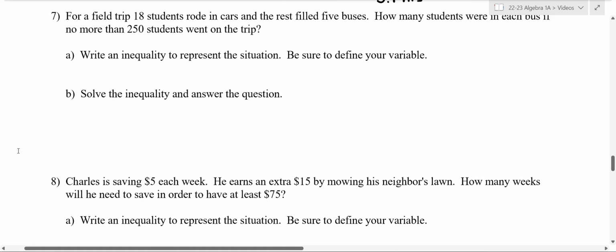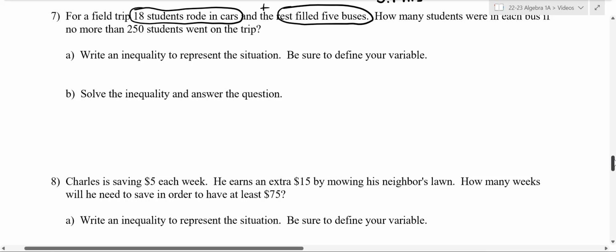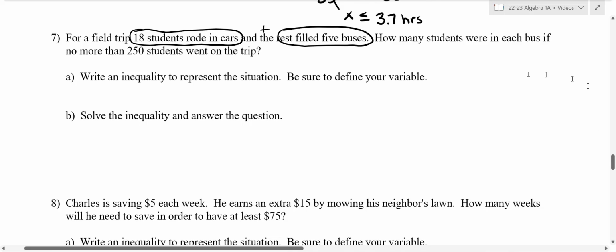All right, for a field trip, 18 students rode in cars and the rest filled 5 buses. The rest, but we don't know how many. How many students were in each bus if no more than 250 students went on the trip?